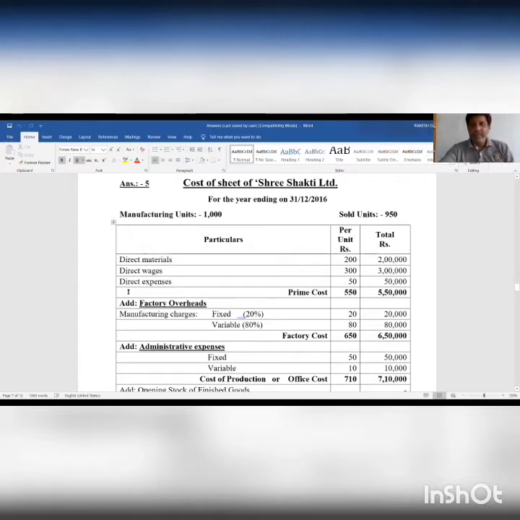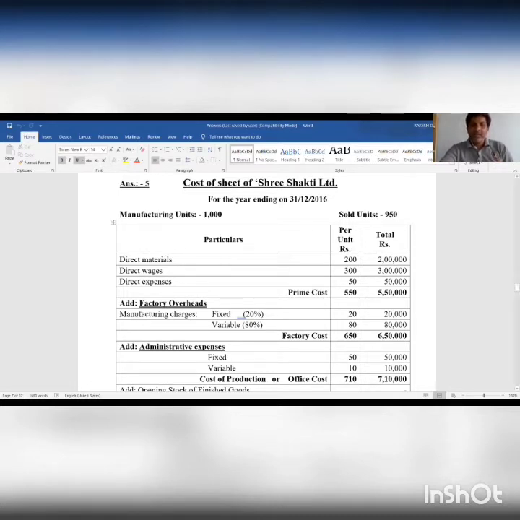In the same way, direct expense is 50,000, so rupees 50 per unit, that is 50,000 divided by 1,000. They are variable in nature. We remember direct material and direct wages always remain variable in nature.